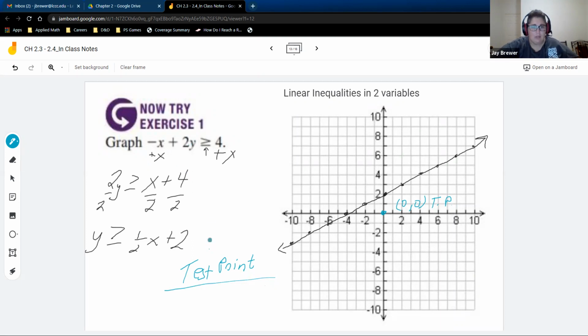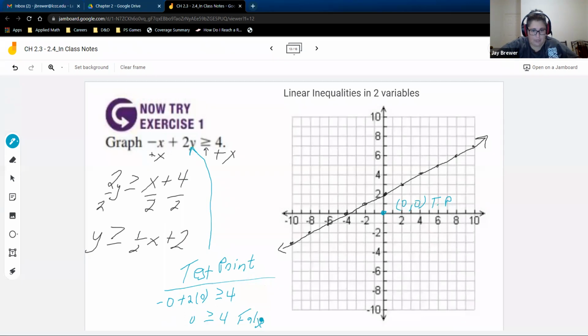You're always going to look at the original. So you plug in 0 for x and 0 for y, greater than or equal to 4. The zeros actually cancel everything out. So is 0 greater than or equal to 4? That is false.